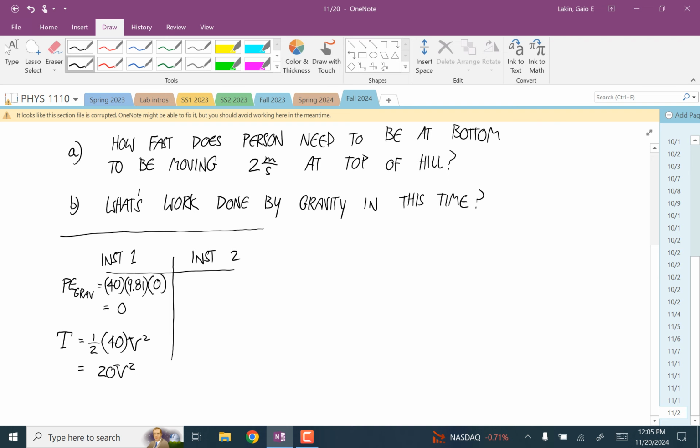Then at the top of the hill, the gravitational potential energy is 40 times 9.81 times what's the height at the top of the hill? 2. And so this is equal to 784.8.